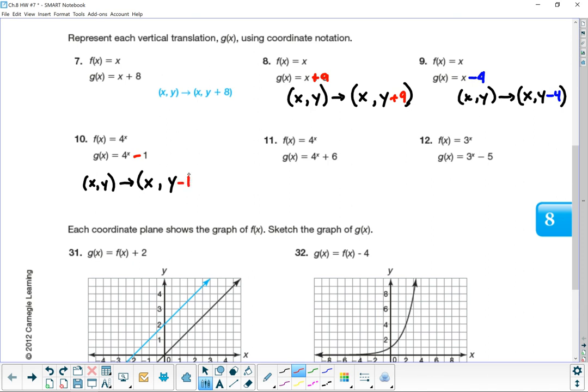Sorry, minus 1. Like that. Okay. So again, f of x has an x and a y. That's the coordinate notation. So 4 to the x, that means that the function itself is being added to 6. So the x would stay the same, but the y, you would get a plus 6.